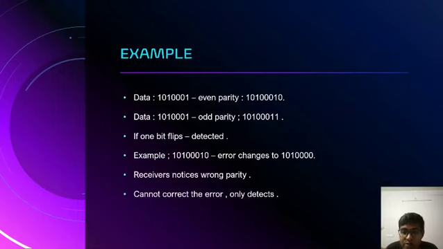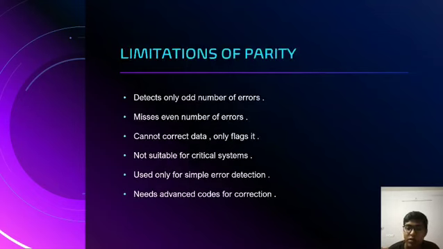For odd parity, we add a 0 because it already has an odd number of ones, so we do not need to add a 1. If a bit flips in transmission, the parity check will reveal an error, telling us that something has gone wrong. Next, we discuss the limitations of parity.